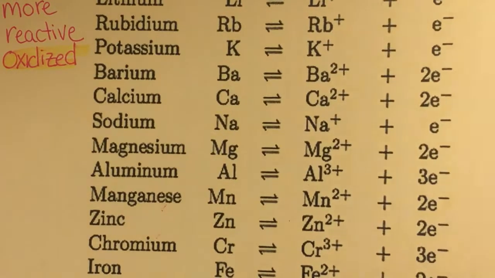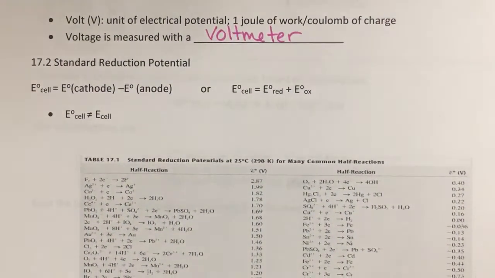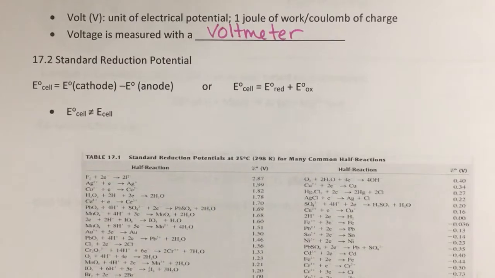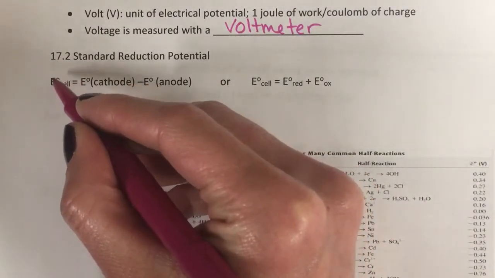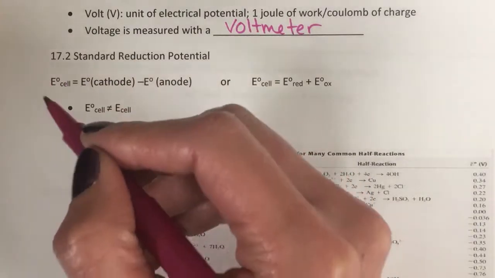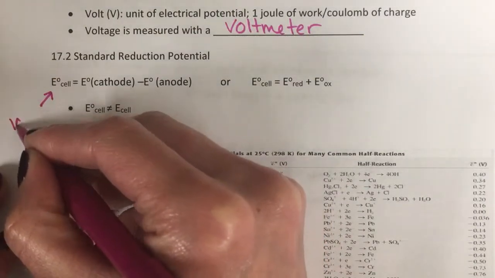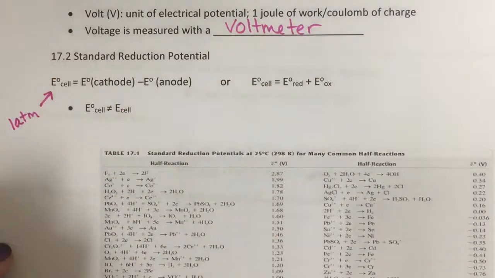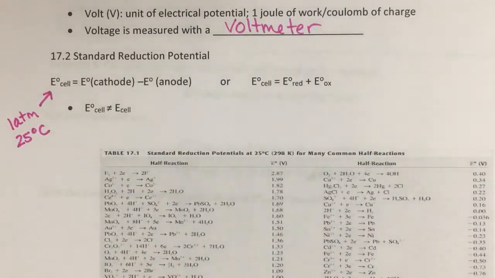I can also calculate my potential quantitatively. Now, remember, whenever I see this little degrees sign, this is telling me that it is in standard conditions. Standard conditions are 1 atm of pressure and 25 degrees Celsius.